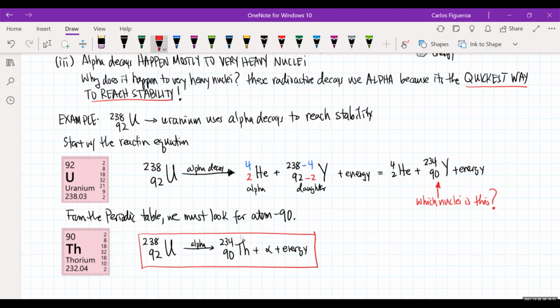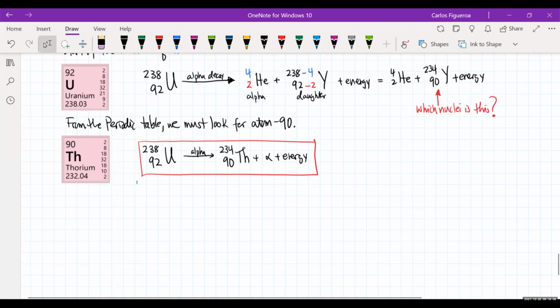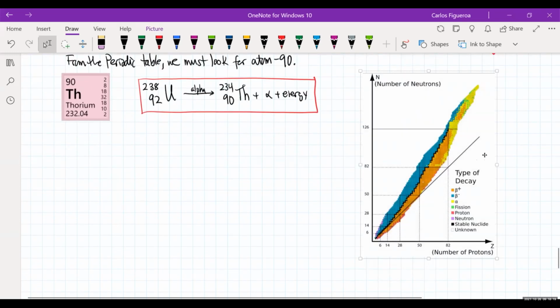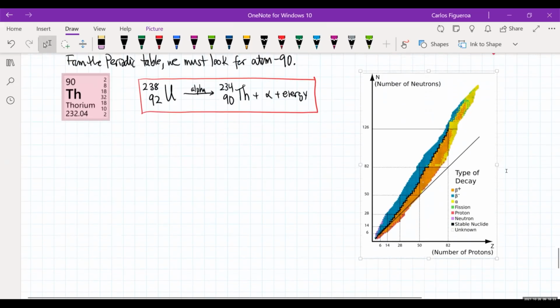Guess what? Thorium is radioactive. So let's go look at this thing here, just to show you that we're seeing this. Oh, I'm barely going to get the picture in. So remember what I said, these all move towards the black line of stability.